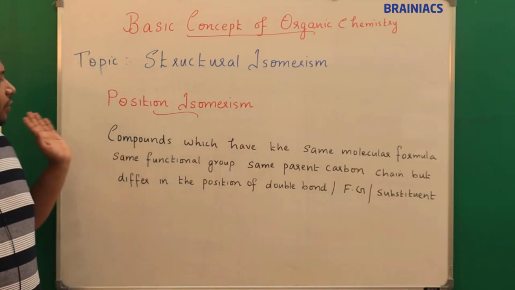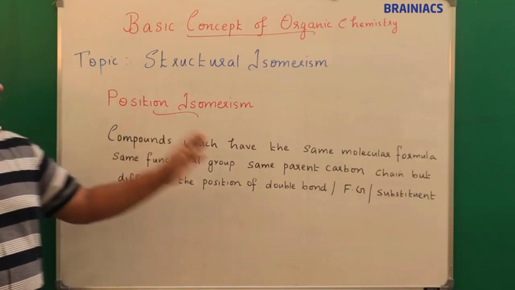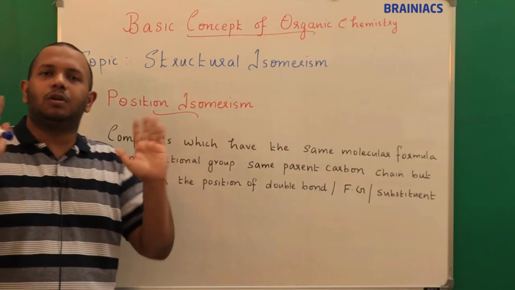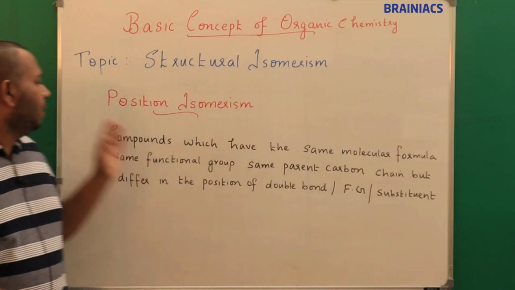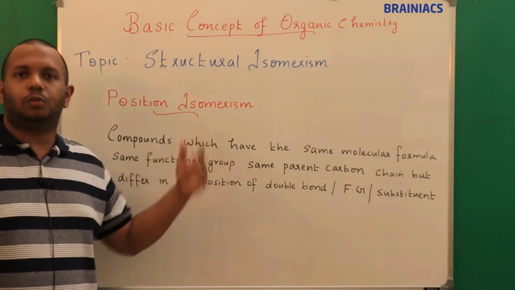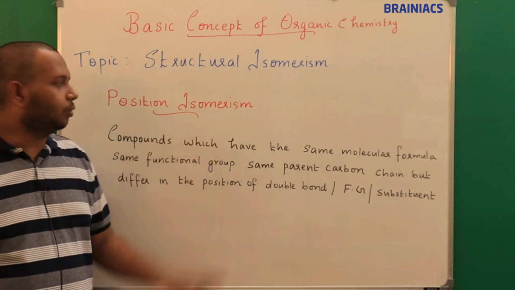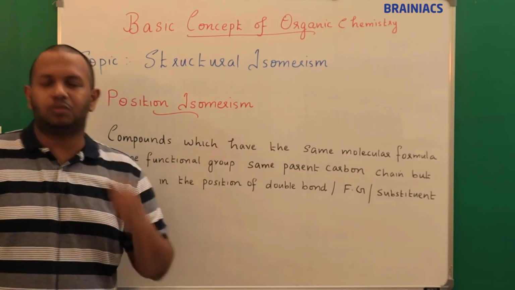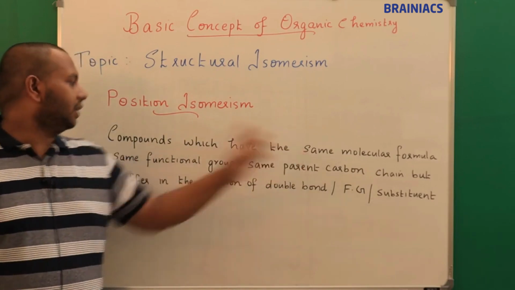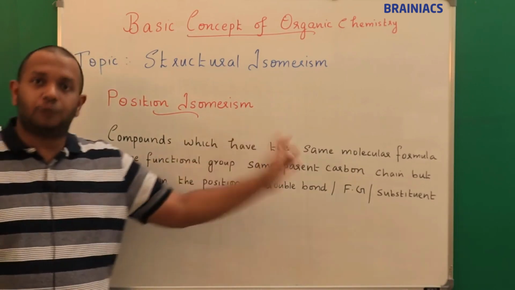So if you see the definition, compounds which have the same molecular formula. Again the molecular formula will remain the same, or the molecular weight will remain the same. They have the same functional group. Both will be having the same functional group, and they will be having the same parent carbon chain. Parent carbon chain also will remain the same, but they differ in the position of the double bond.